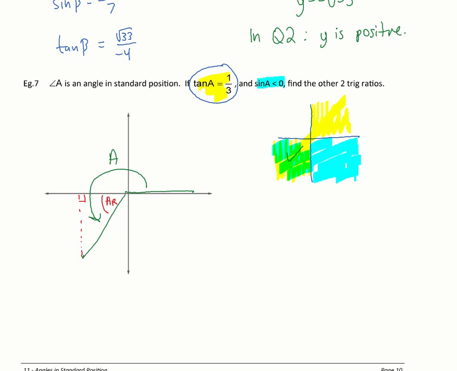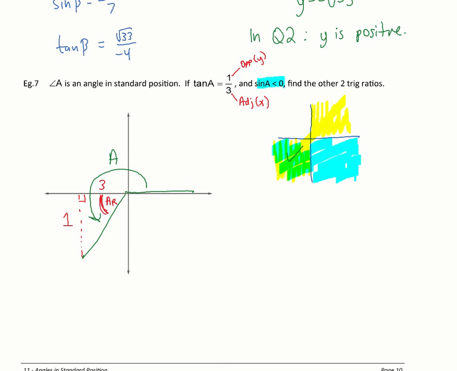Well, we need to know that tan is opposite over adjacent. Opposite, that's kind of like y. Adjacent, that's kind of like the x. So no matter which way you slice it, opposite our reference angle is a 1, and adjacent to our reference angle is a 3.